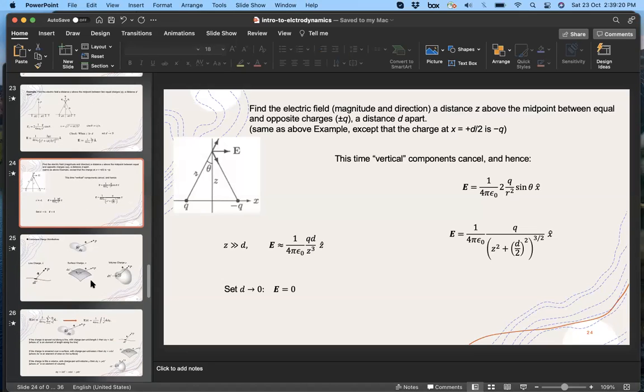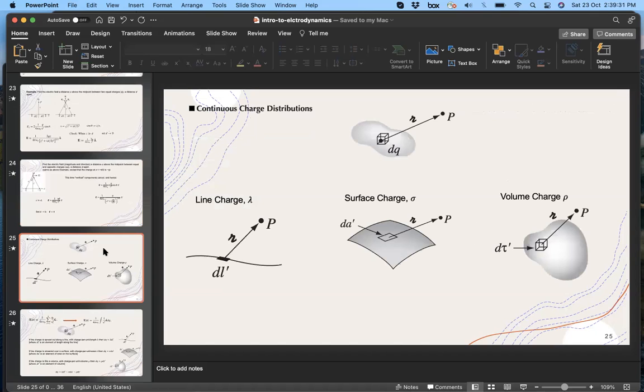Then after that, I introduced something new. This was all discrete charge distribution, but in general there could be a distribution of charges in a wire, on a surface, or in a volume.